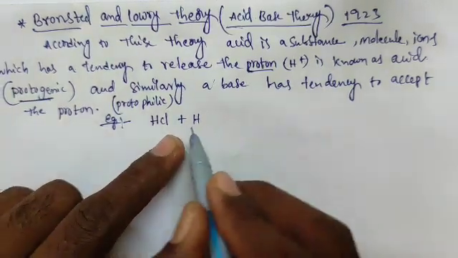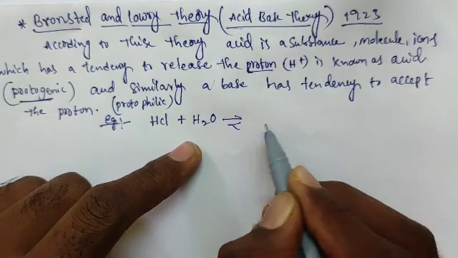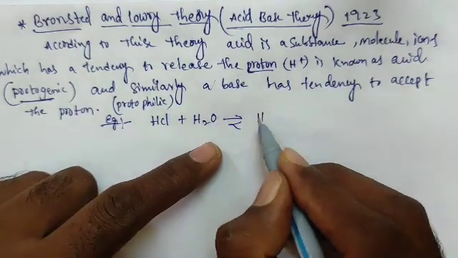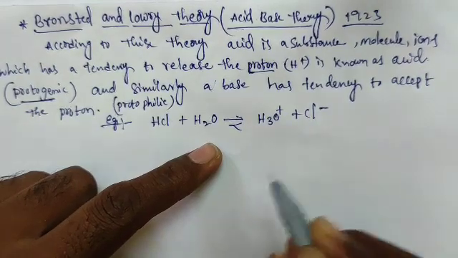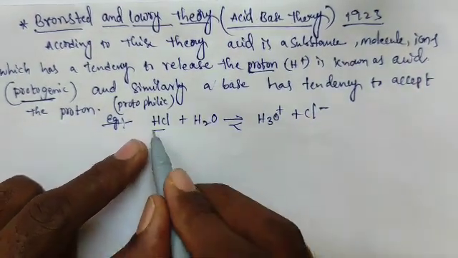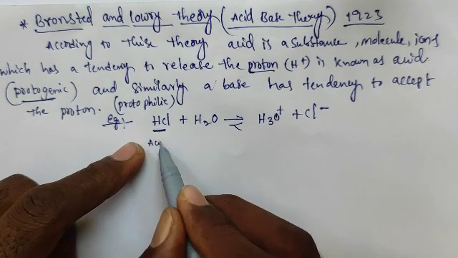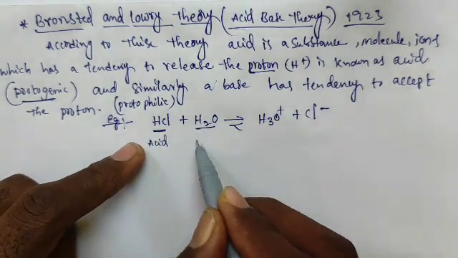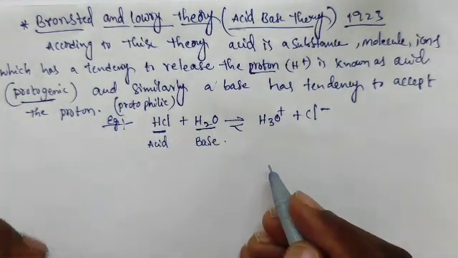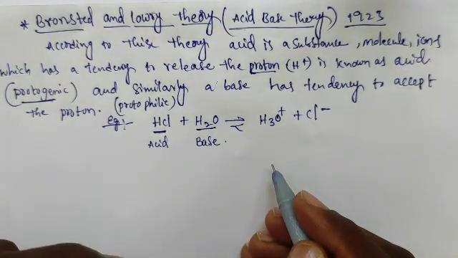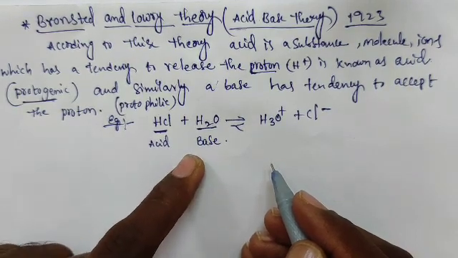Now, HCl plus H2O gives rise to H3O plus and Cl minus. Here, HCl releases H plus ion, so this is the acid, and water accepts the proton, so this is the base. According to Bronsted and Lowry theory, base means that which accepts a proton.